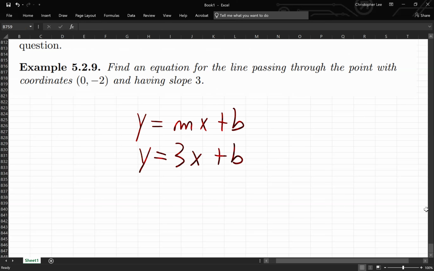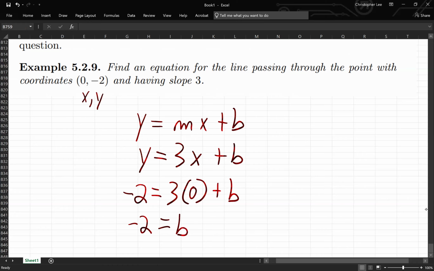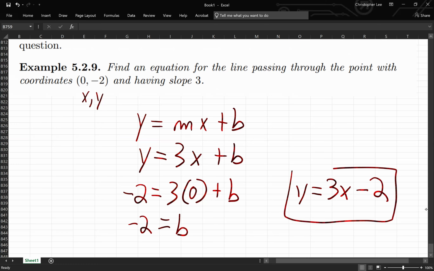Plug in the values you have: an x and a y. So -2 is equal to 3 times 0 plus b. Little math, and -2 is equal to b. Rewrite your equation: y is equal to 3x minus 2, and that's your equation.